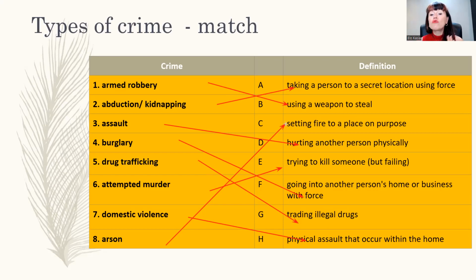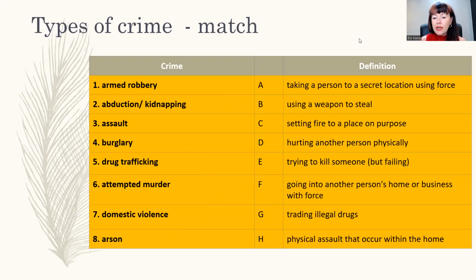Drug trafficking is to buy and sell illegal drugs. Attempted murder, trying to kill someone but failing. Domestic violence, physical assault that occurs within the home. And finally, arson is to set fire to a place on purpose. So well done, if these were your answers. Sorry for the initial confusion there.